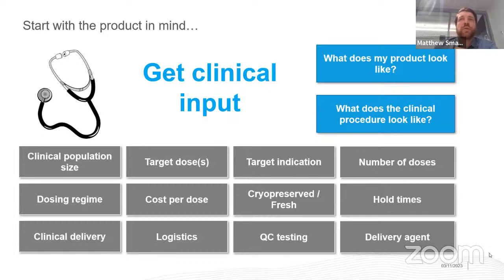Perhaps it's going to be available if you're treating a rare disease, like a lot of the gene therapies that are on the market. Are you going to have the stability if you're only going to get a patient a couple of times a year? Are you going to make one big batch and store it, or are you going to make smaller batches? That can, again, look very different. So it's good to have that in mind.